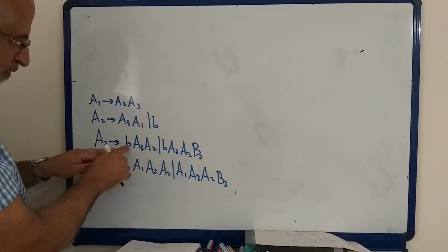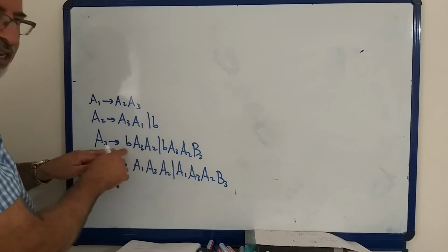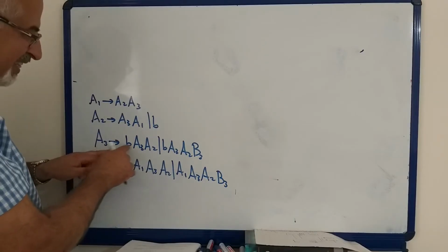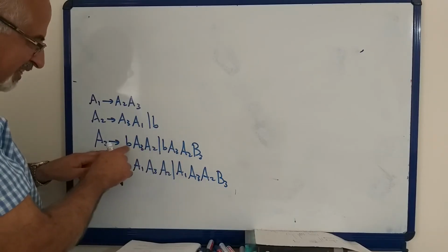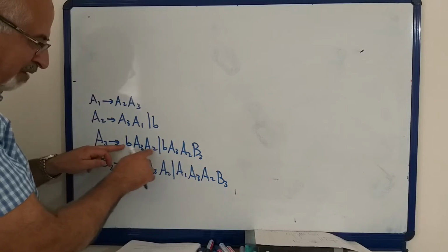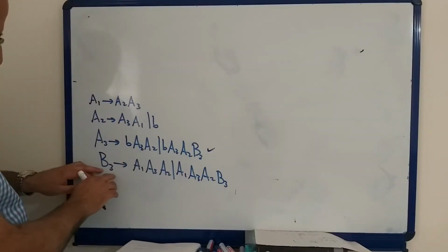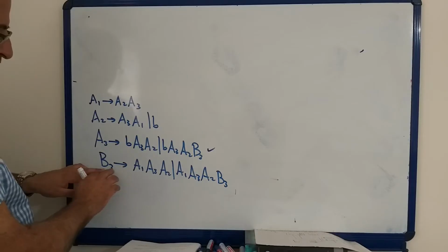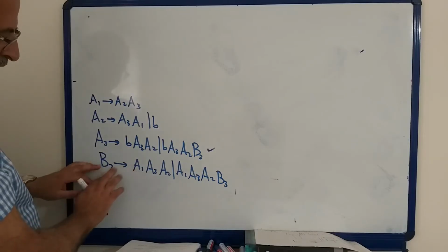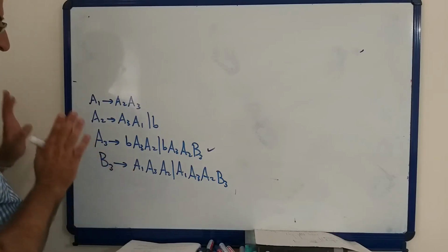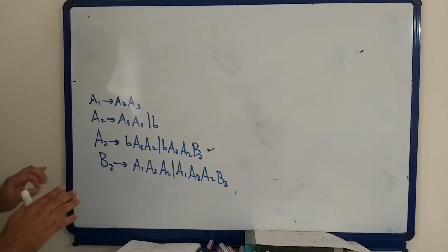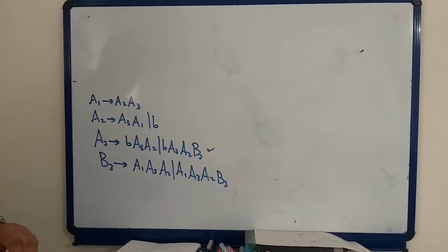A3 gives B, this is GNF: single terminal followed by any number of non-terminals, so no problem here. Here I don't have Ai, Aj; I have something else. Now look, who is okay now? Who is in GNF?